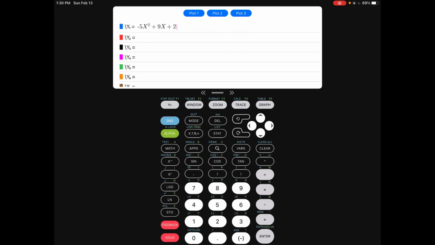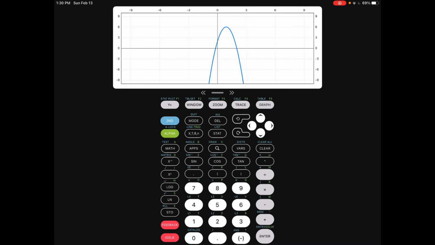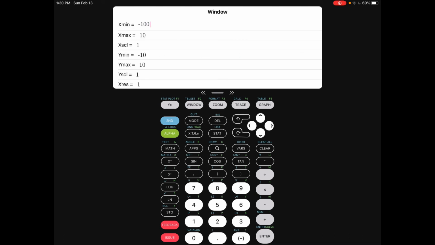Okay, if we do some stuff with the GDC or the TI-84 calculator, I'm using an emulator here. It looks a little bit different, but it's mostly the same. There's the original height function, and I can graph it. And maybe I want to change my window settings so that all I see is times from 0 to 2 seconds. And I probably don't need to see much in the way of negative y values.